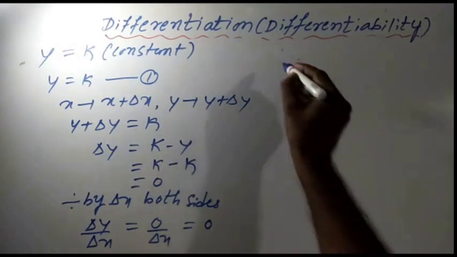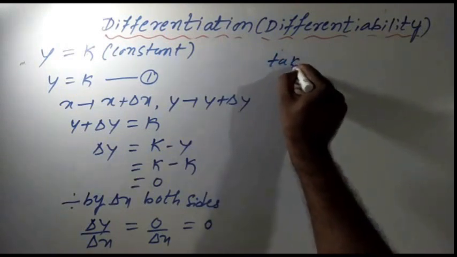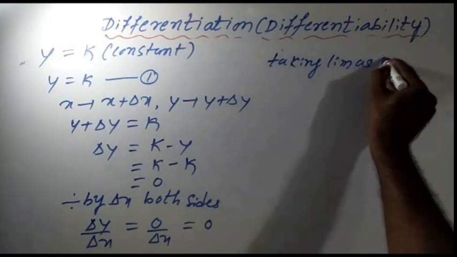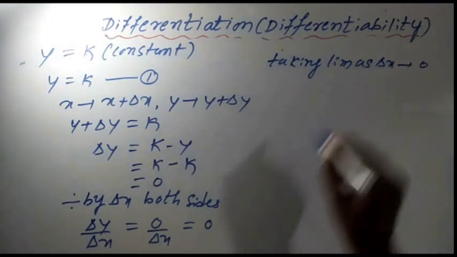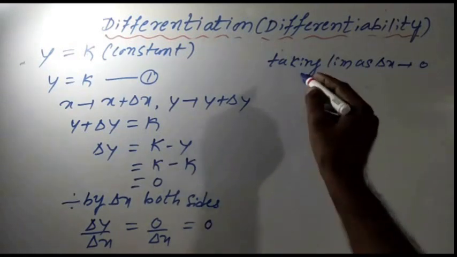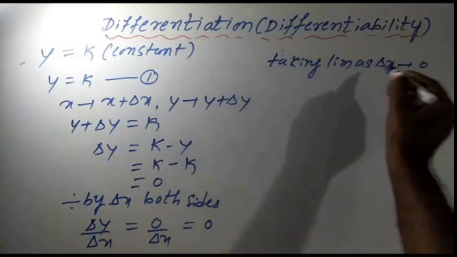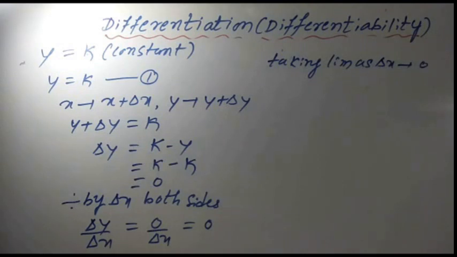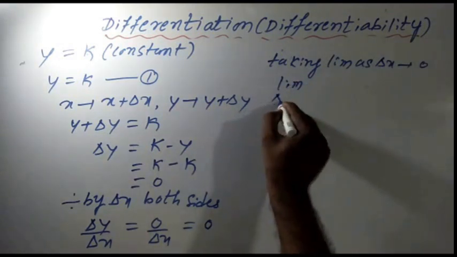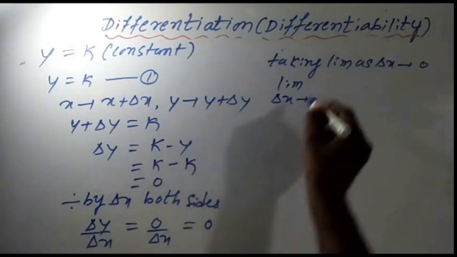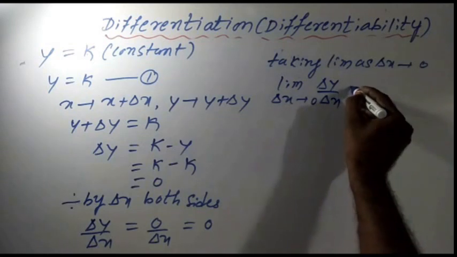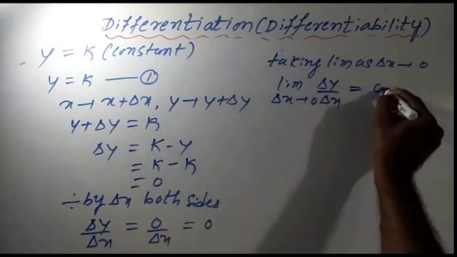Taking limit as delta x tends to 0, meaning delta x made sufficiently small. Therefore, we are taking limit as delta x tends to 0. Therefore, limit as delta x tends to 0, delta y by delta x is equal to 0.